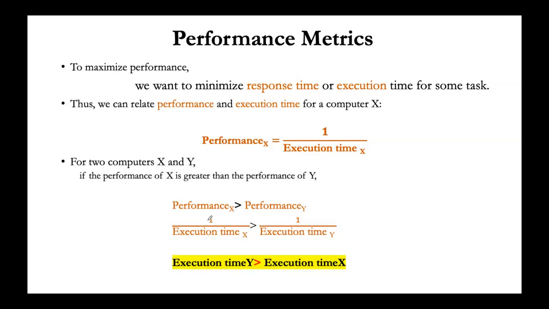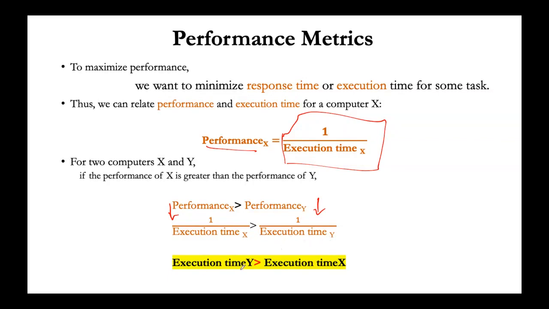So the performance of X is 1 divided by the execution time of X, and the performance of Y is 1 divided by the execution time of Y.